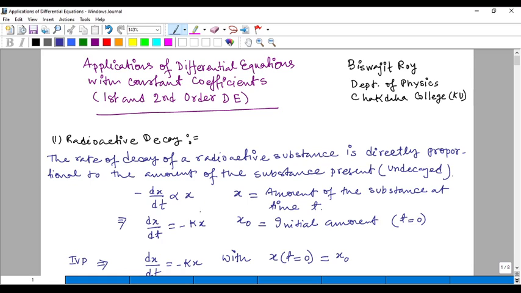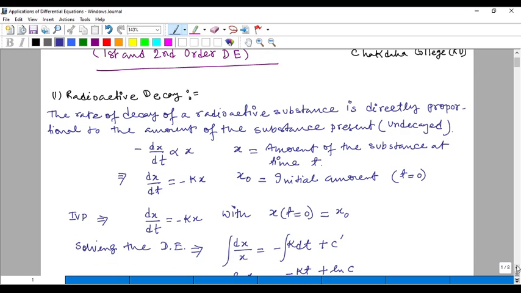So we can write the equation as dx/dt is equal to minus kx. Here k is the decay constant, and the minus sign indicates that the substance is decaying with time. That is why this minus sign.